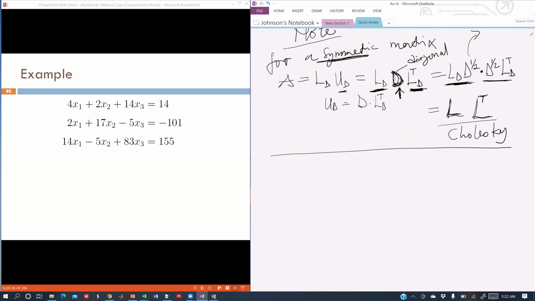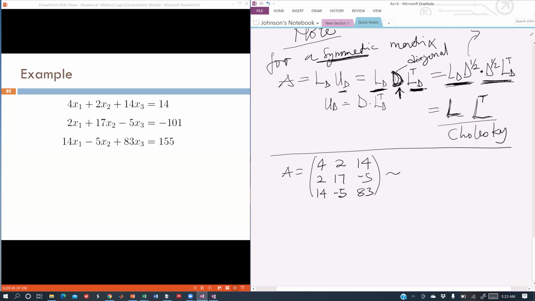First of all, we need to use the Gaussian elimination to find our lower triangular and upper triangular as if we are doing Doolittle. And then we will come and use this mathematical identity or ideas to find our lower and upper for the Cholesky. So I'm going to go for my A matrix, and that A matrix is given by 4, 2, 14, 2, 17, minus 5, then 14, minus 5, 83.